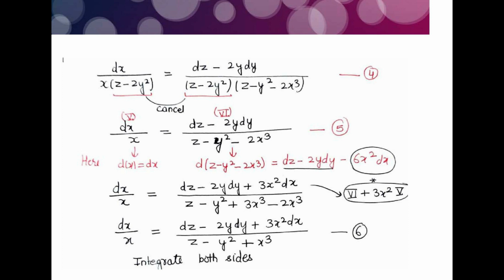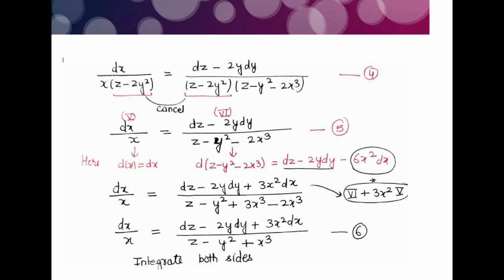The ratios number 5 and 6 I have marked. In the 5th ratio, if we take the differential of the denominator, it will be dx, which is the same as the numerator of this ratio, so we can easily integrate it. But on the right hand side, that is ratio number 6, the differential of the denominator will be dz minus 2y dy.